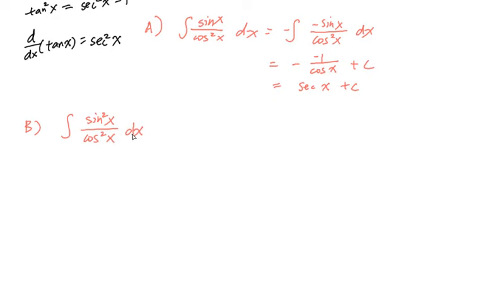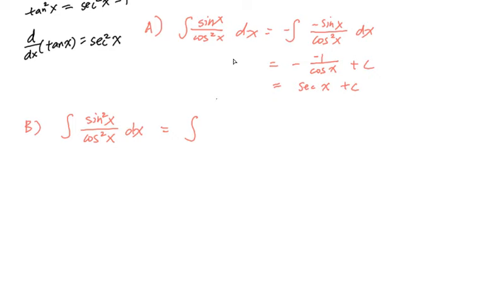How would you tackle this problem if you just don't remember those secant and tangent integrals? All you know is the derivatives of sine and cosine, and you don't know anything about tangent and secant. So we can try to play around a little bit.